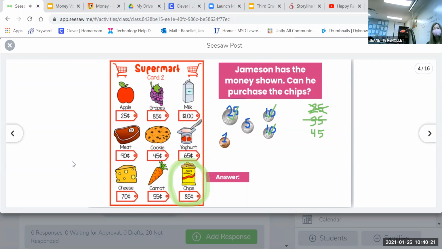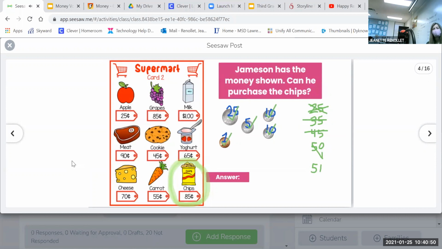I keep going to my greatest value. Next up is a nickel, which is worth 5. 45 plus 5 more. Jameson now has 50 cents. Cross out my old information. I just added the nickel, cross it off, and 1 penny. 50 plus 1 is 51 cents.